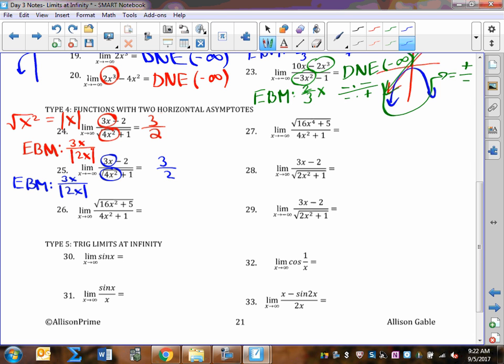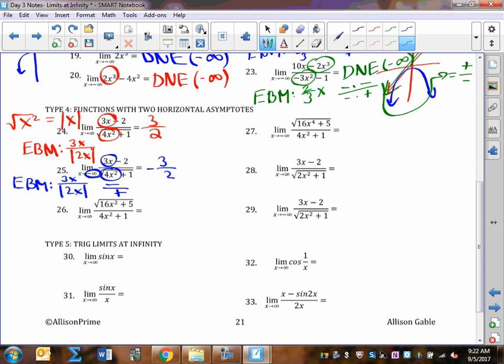Again, we have that balance, so we just take the coefficients, but this is negative infinity. If I take negative infinity and put it in up top, what do we get, positive or negative? Negative. And if I put it in the bottom, what do I get? Positive. So that ends up giving me an overall negative, so we have a horizontal asymptote of negative 3/2.